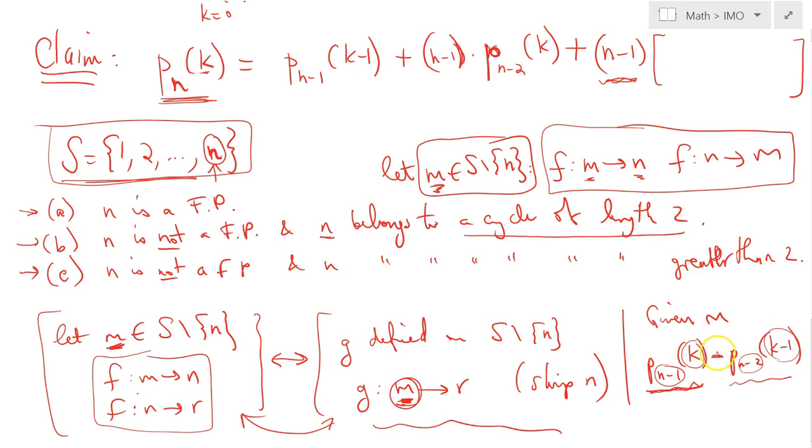That would be simply P of n minus 1 of k minus P of n minus 2 of k minus 1.